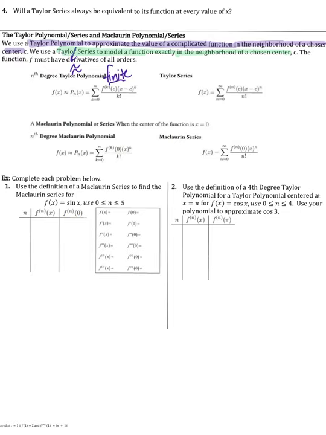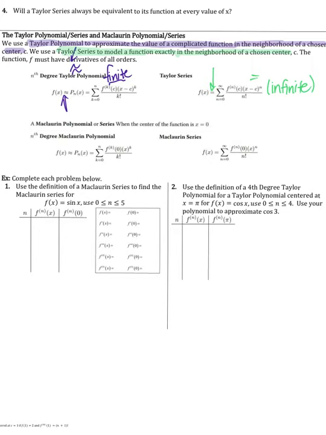Since it is infinite, we can say that the function is equal to this sum, as opposed to a Taylor polynomial, where we can only say the function is approximately equal to the polynomial. So notation-wise, be cautious: if you're talking about a series, use an equal sign; if you're talking about a Taylor polynomial, use an approximately symbol when relating that function to the polynomial you're creating.